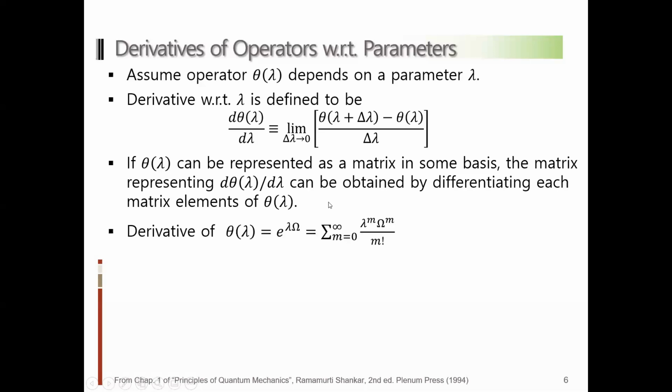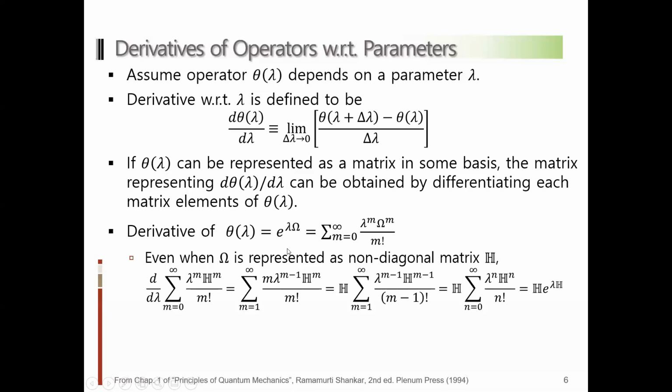Then we can think about this kind of situation. So how can we find out the derivative of the exponential function of the operator when the operator is also multiplied by lambda? Then we know that this shape of the function implies this kind of polynomial summation of the operators.